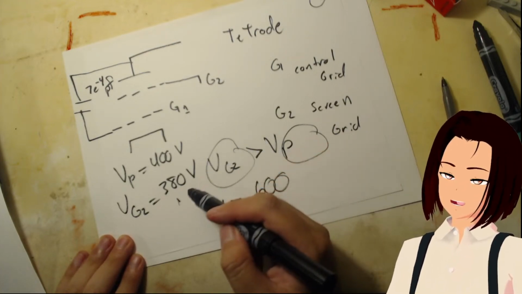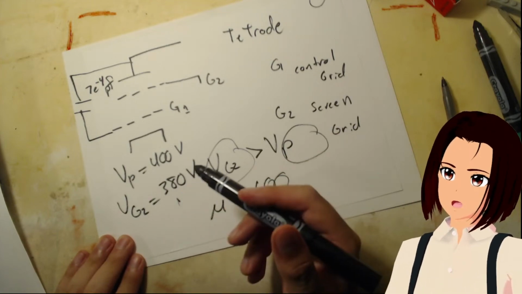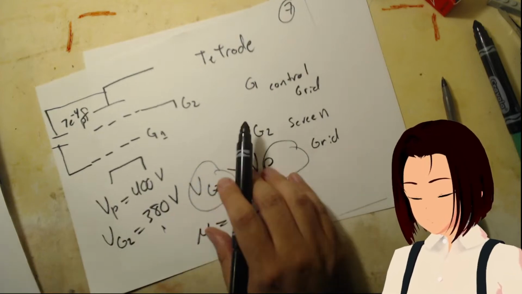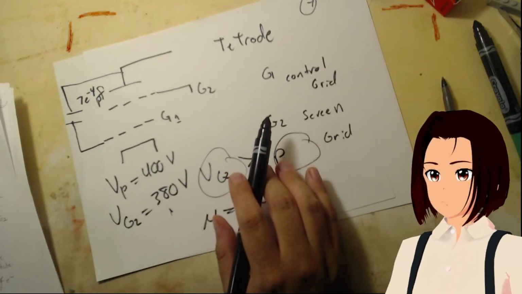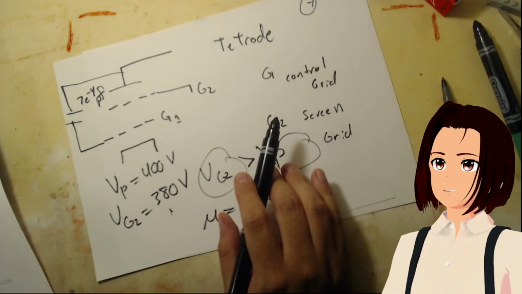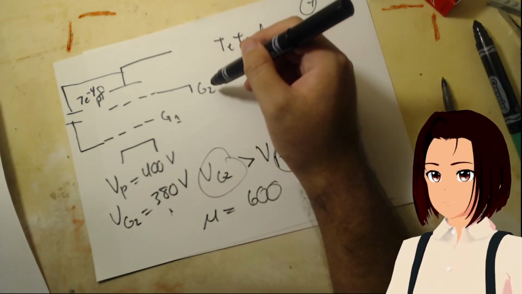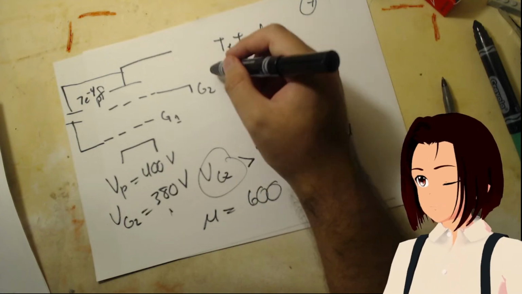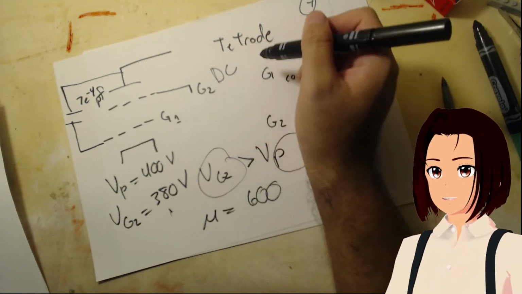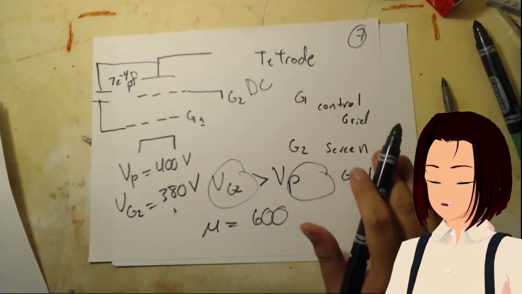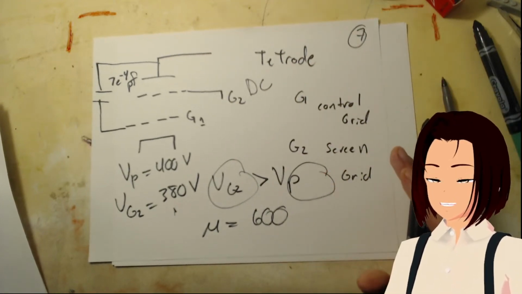You can't make this so low. Well, because the G2 is direct current, so we're not going to have noise or anything like that from external AC interference.